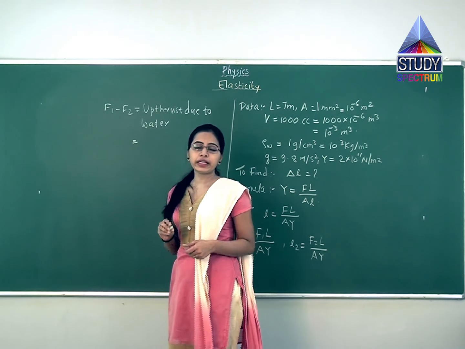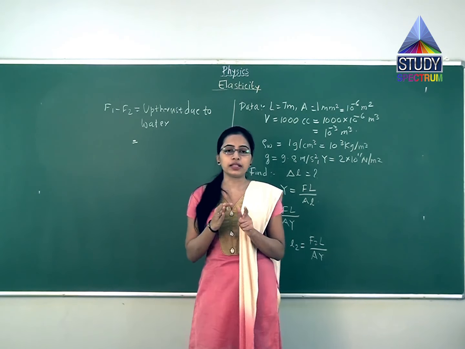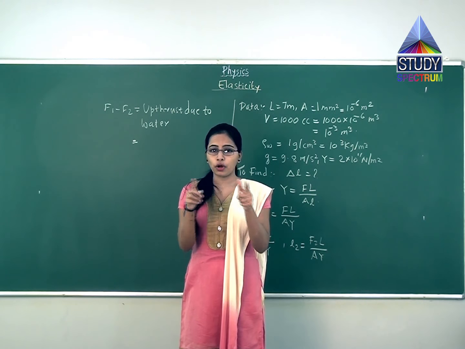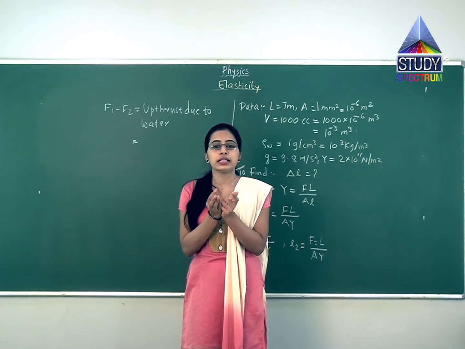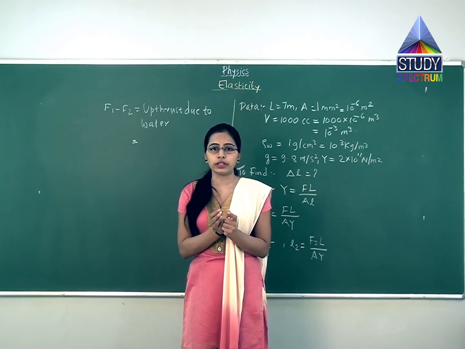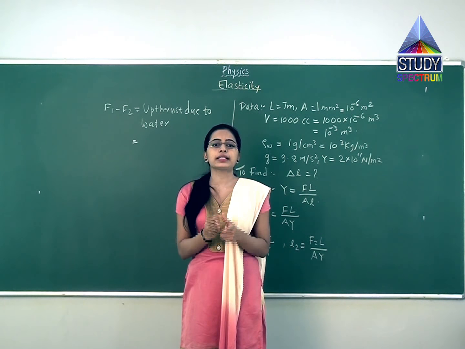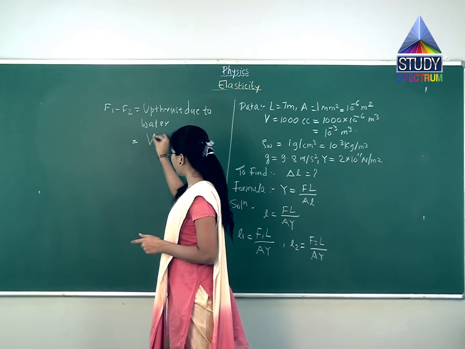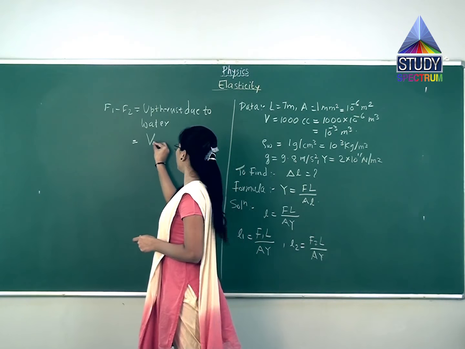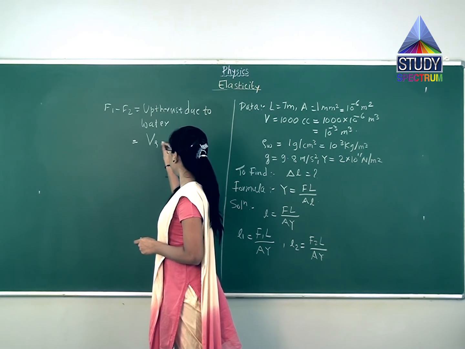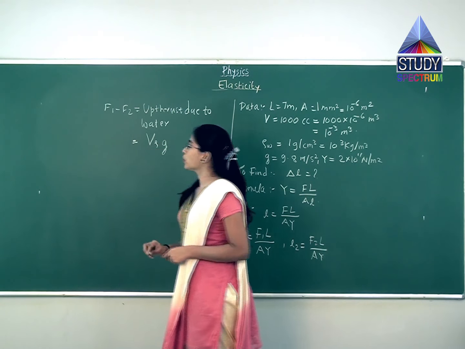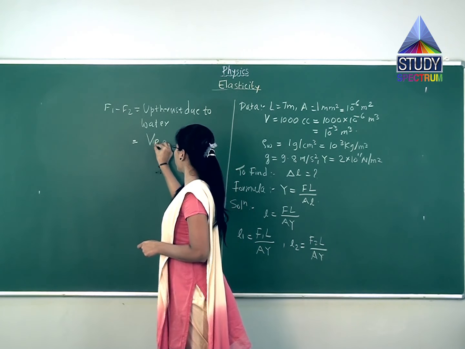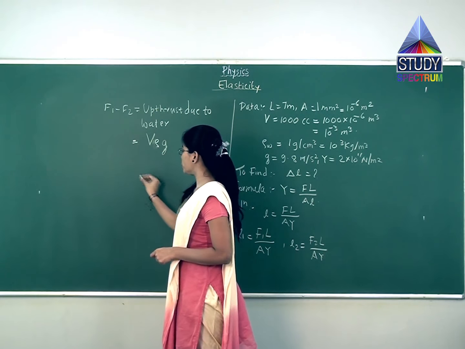So definitely this upthrust is proportional to firstly the volume of that steel weight, then the density of water, and also the acceleration due to gravity. So this will be V rho into g. So this is the expression for upthrust, V into rho into g.